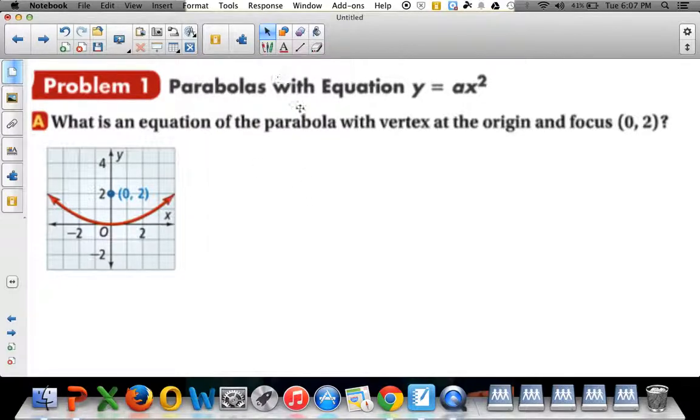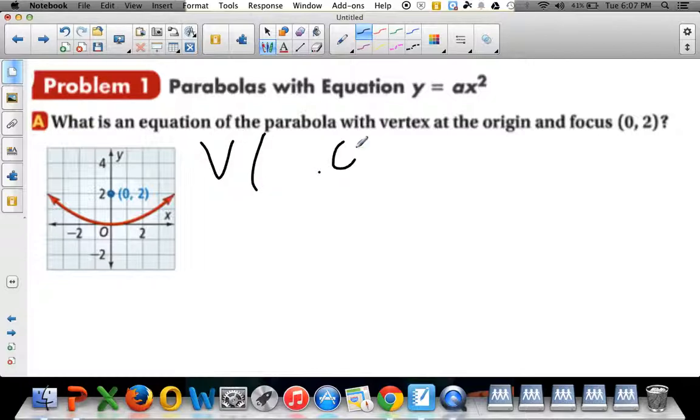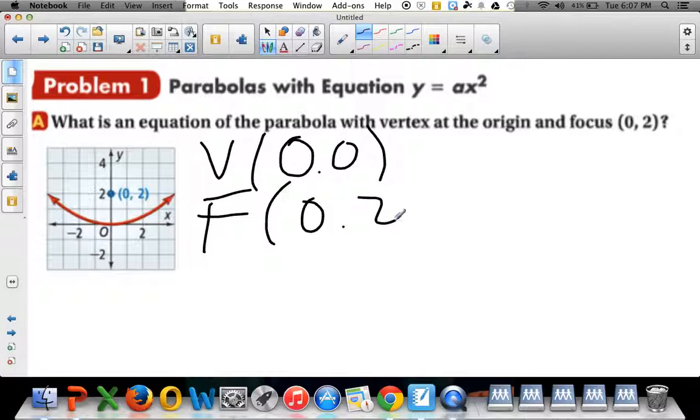Let's look at our first example. What is the equation of the parabola with vertex at the origin and focus 0, 2? So I have a vertex at 0, 0, and I have a focus at 0, 2.